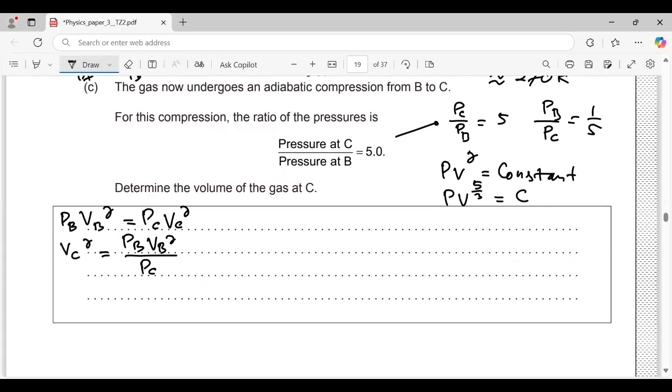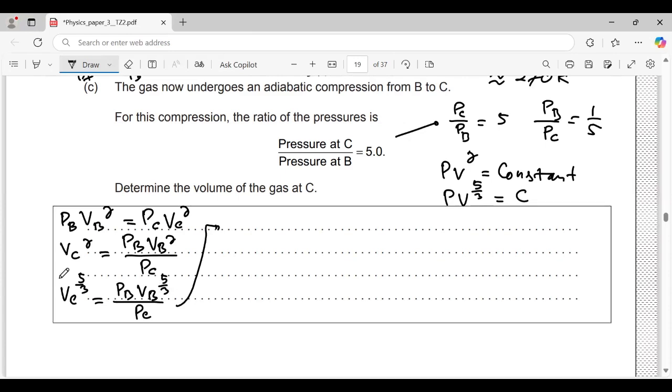Gamma is 5/3, so VC power 5/3 equal PB VB power 5/3 over PC.